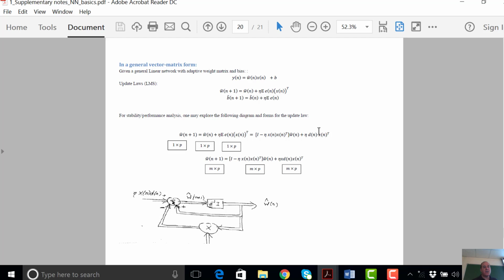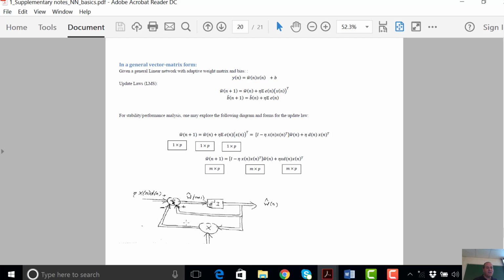So this is the cross-correlation, and this is the autocorrelation matrix. You can do analysis here because, in terms of the weights, this represents a linear system. However, this linear system has its own matrix, which is time varying. It's a function of the input signal, and it's driven by this one here.